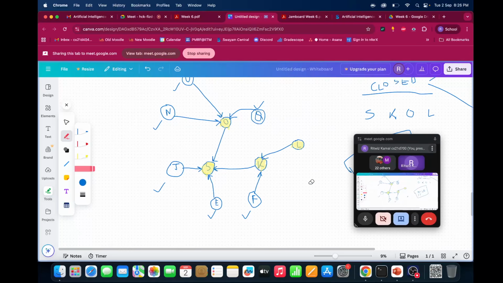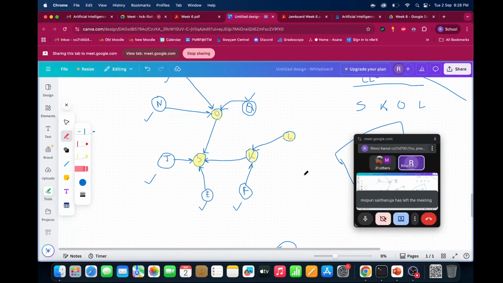But L still has a neighbor that is K, right, which is in the closed list. Yes. So L will be in the kernel in that case. But in the fourth answer they have given a different answer. Okay, that's my note.